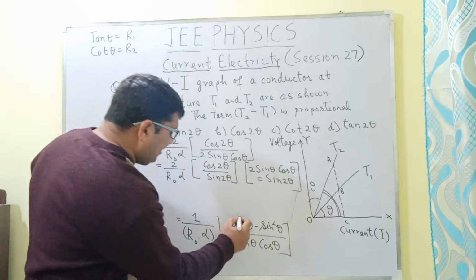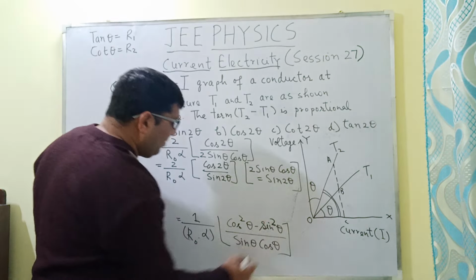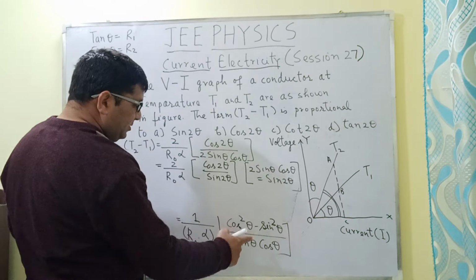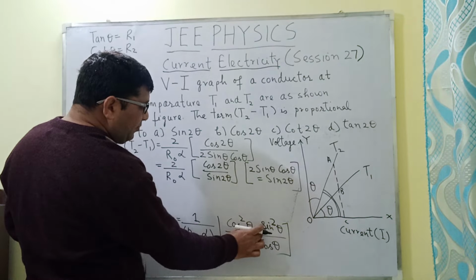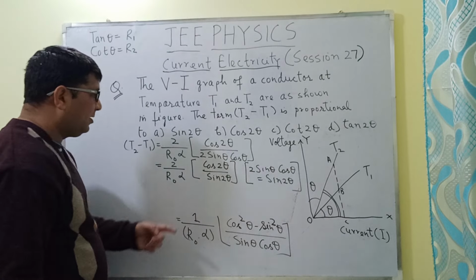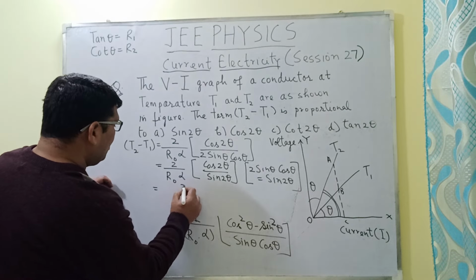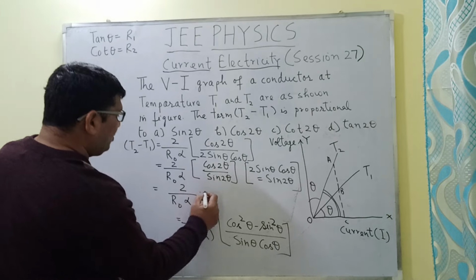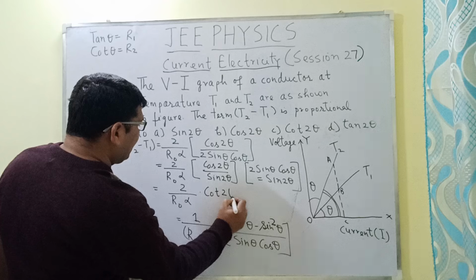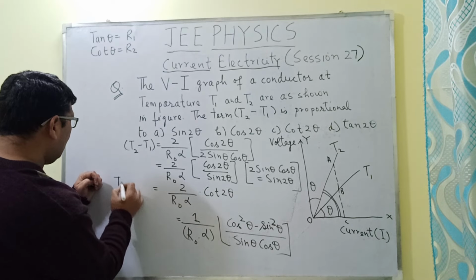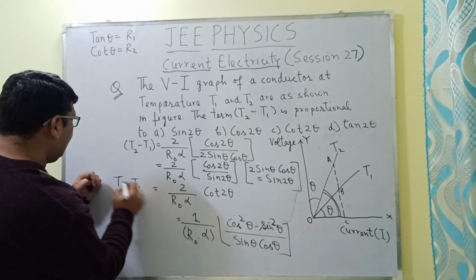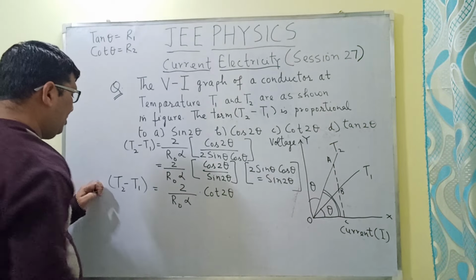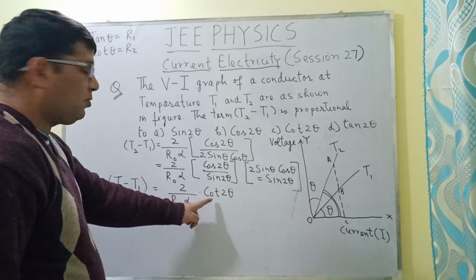Similarly, cos square theta minus sin square theta is equal to cos 2 theta. So finally what I am getting is 2 divided by R naught alpha into cot 2 theta. So T2 minus T1 is equal to 2 divided by R naught alpha into cot 2 theta.